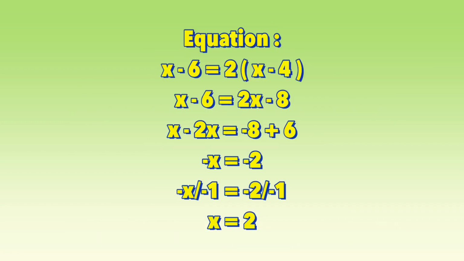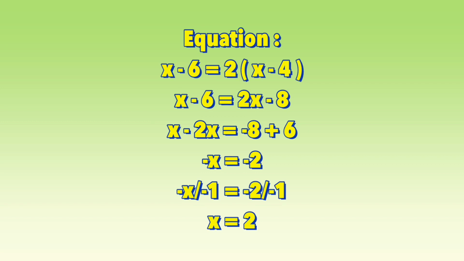And then our equation, since this age problem compares the age of Gerry and Maylene, so x minus 6, the age of Gerry, equals the age of Maylene, which is 2 times the difference of x and 4.